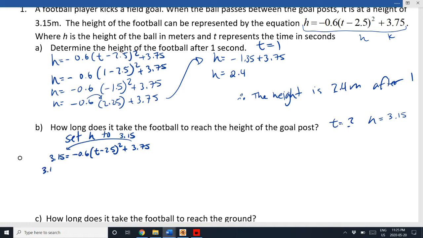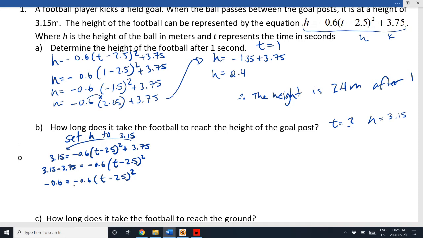So we're going to get 3.15 minus 3.75 is equal to negative 0.6 (t minus 2.5) squared. And so when we do that, we get negative 0.6 is equal to negative 0.6 (t minus 2.5) squared.